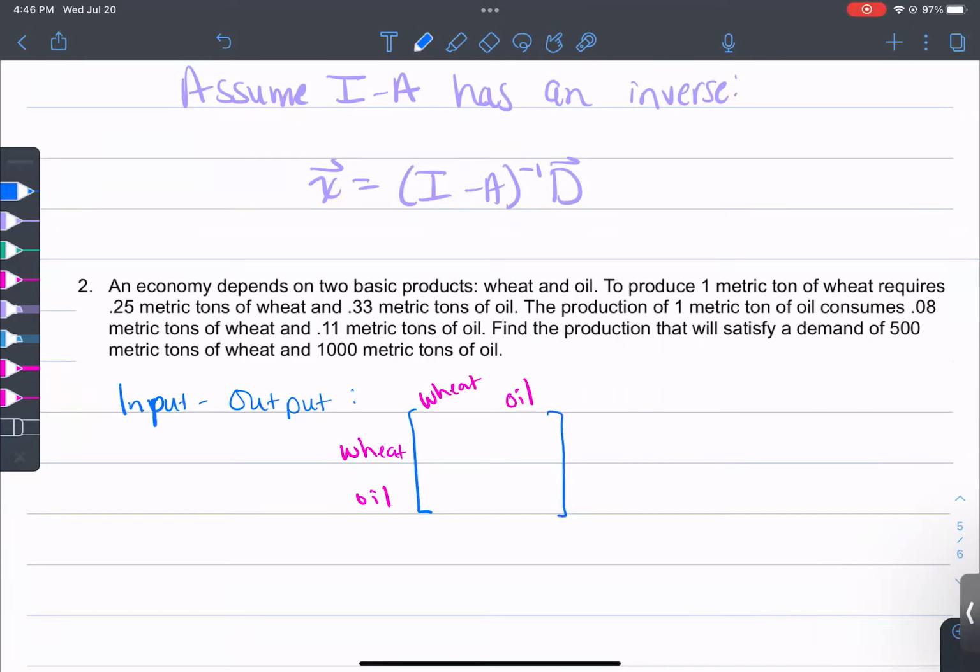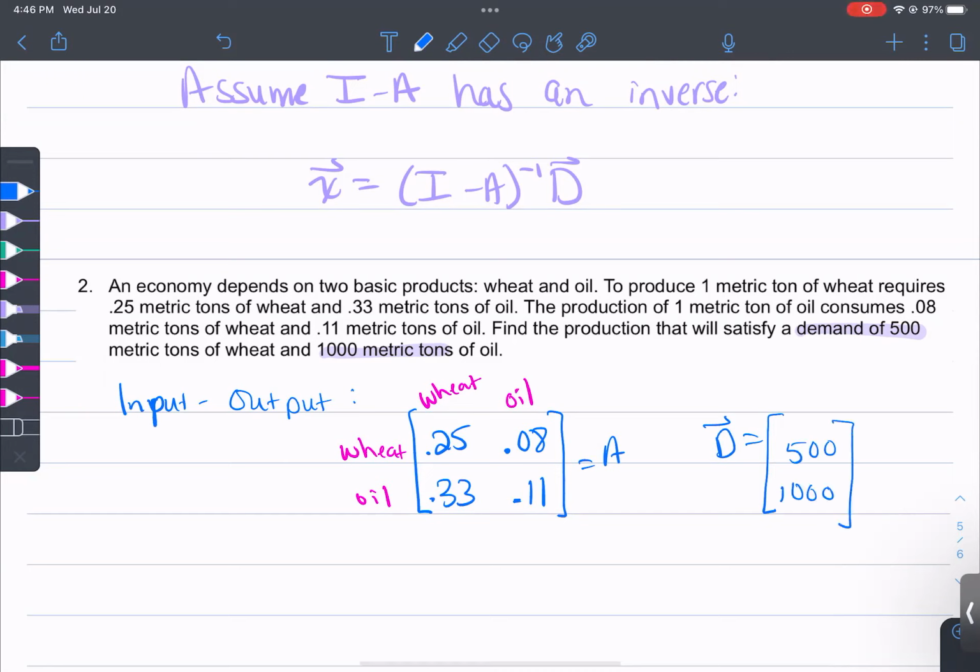So the output of 1 metric ton of wheat requires 0.25 metric tons of wheat and 0.33 metric tons of oil. And for oil, we need 0.08 and 0.11. That is our A matrix. We are given the demand. So our demand matrix is 500 metric tons of wheat and 1,000 metric tons of oil.